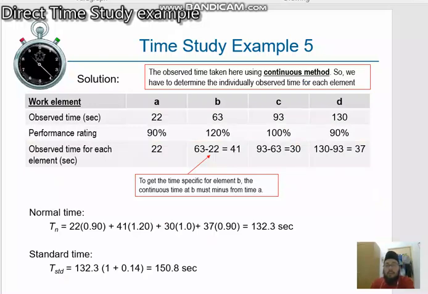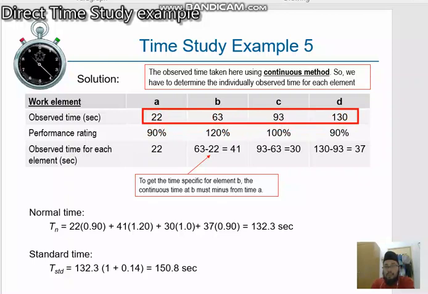So again, this is the continuous time for each element. How do we get the specific time for element B? To get the time specific for element B, the continuous time at B must be subtracted by the previous time, time A. So 63 seconds minus 22, and we get 41 seconds.